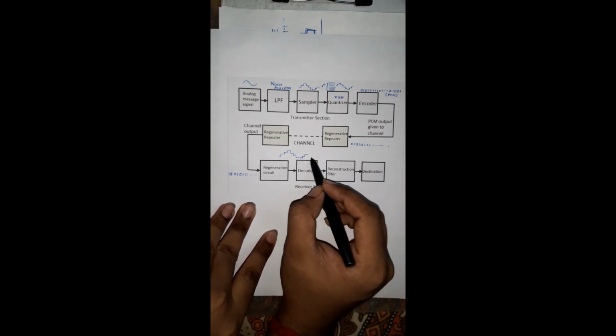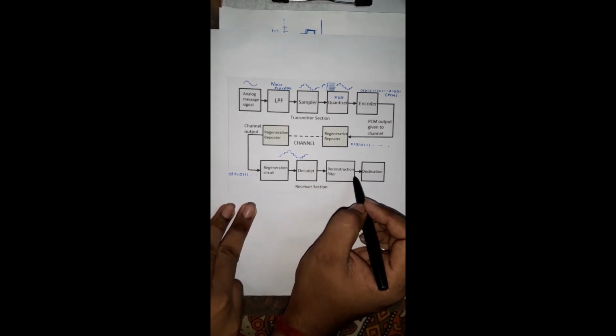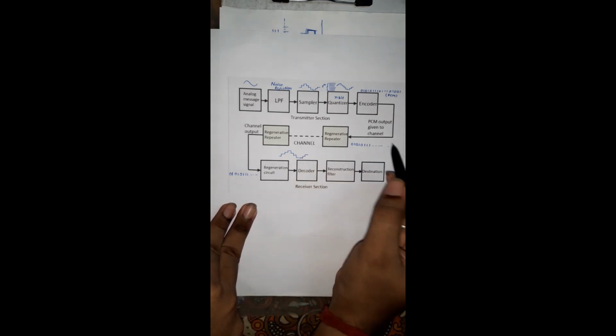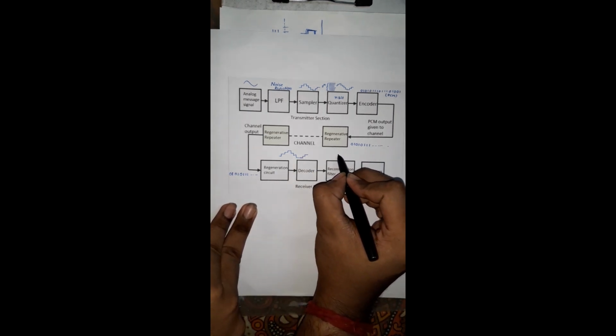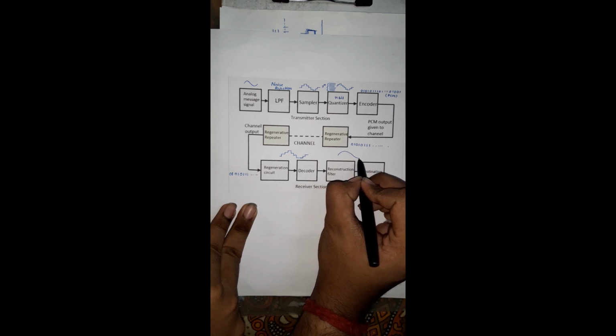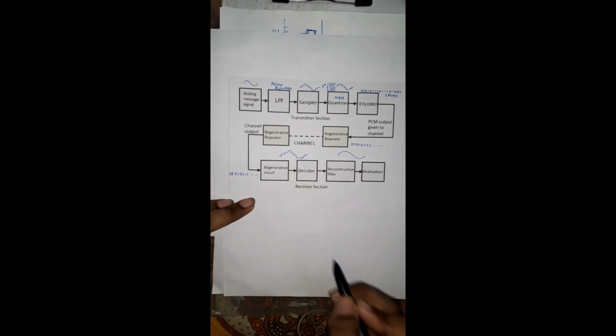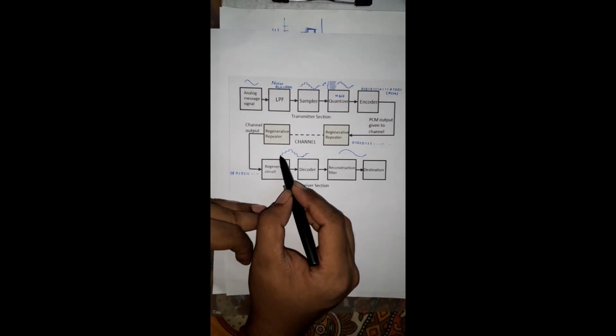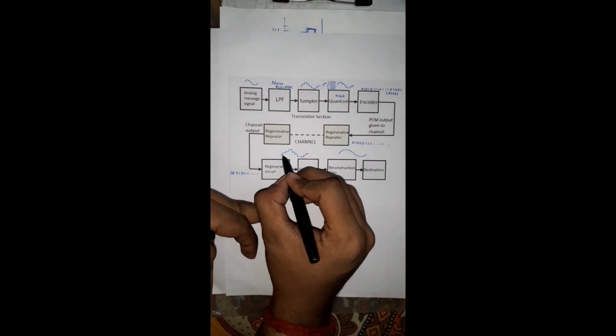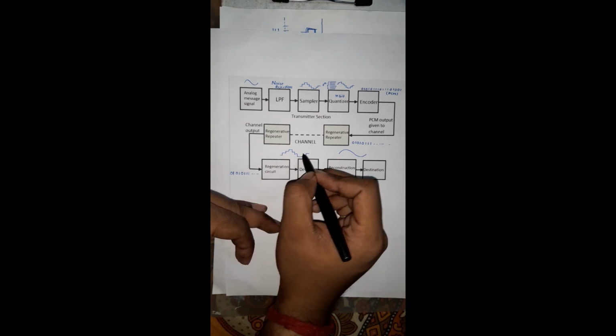And this signal is then fed to the reconstruction filter. The reconstruction filter is reconstructing the previous continuous valued signal that was transmitted, from this sample value signal. As it is a filter, it is trying to make this signal continuous by removing the ripples.